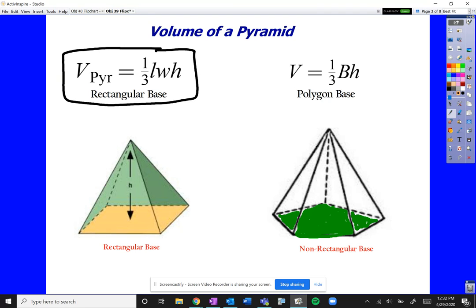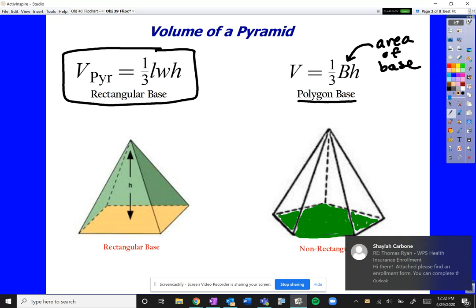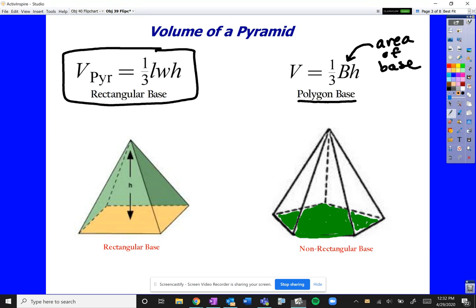The difference is, if you don't have a rectangular base and it's some polygon, like a hexagon or an octagon or something, then you take 1/3 of the area of the base times the height. So capital B is represented by the area of the base. Okay, so we got our two formulas there: 1/3 length times width times height, and 1/3 area of the base times height.